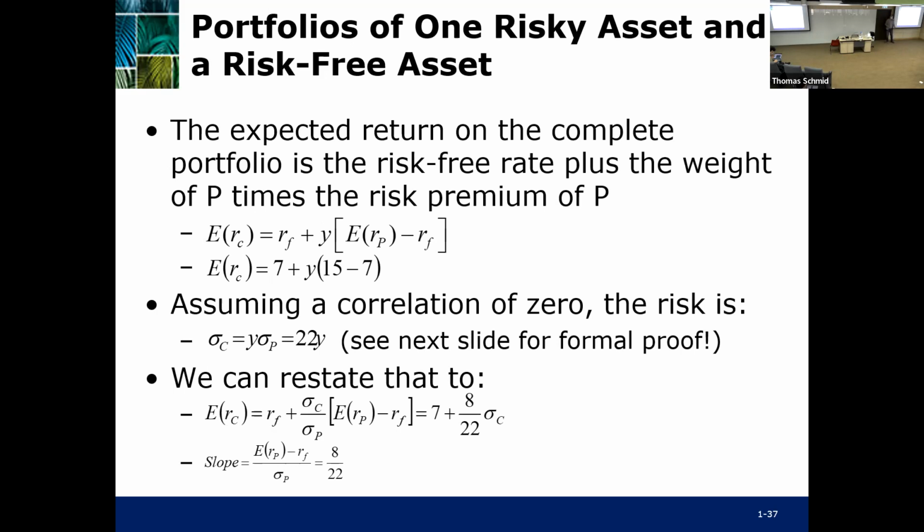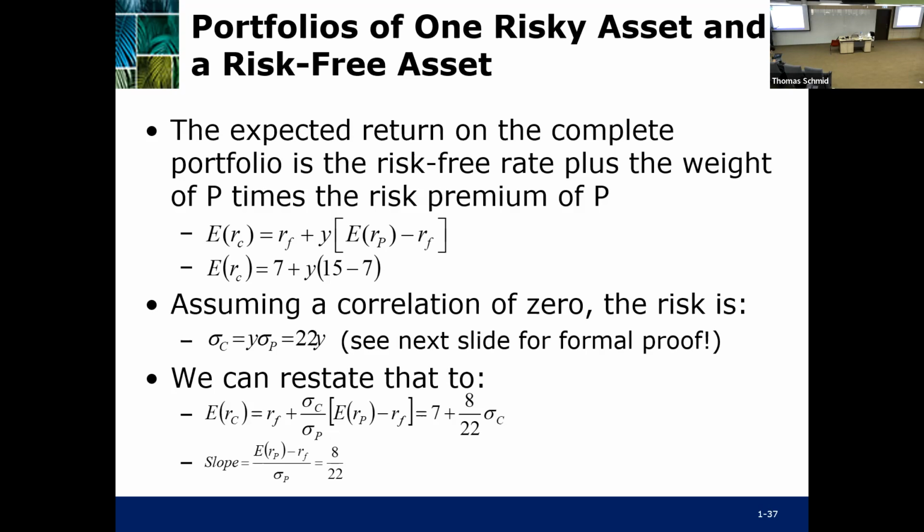And then we set in the values. So it's 7 plus 8 divided by 22 times sigma C. So now we have an equation that tells us the expected return of the complete portfolio in relation to its risk. Expected return is 7 plus 8 divided by 22 times sigma C.